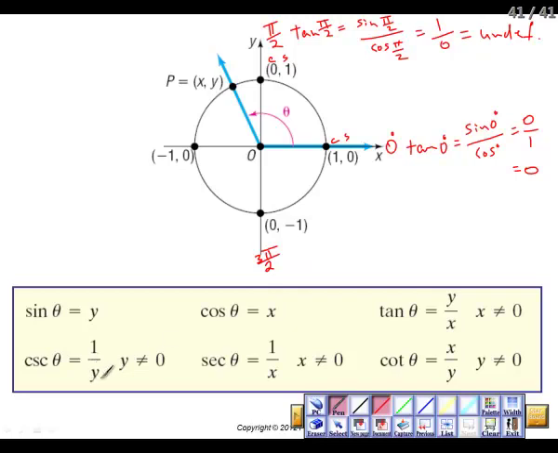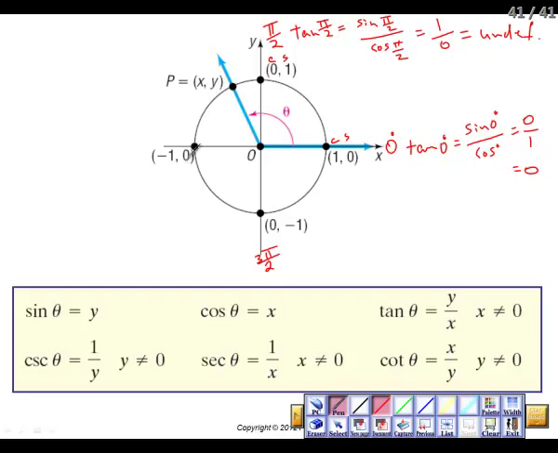For cosecant, cosecant again cannot have a 0 in the denominator. So anywhere where sine is 0, cosecant is undefined. So here at 0, sine is 0. So cosecant would be undefined here.